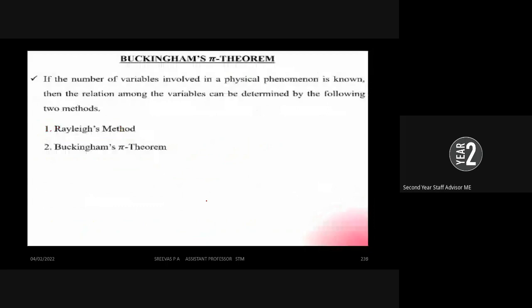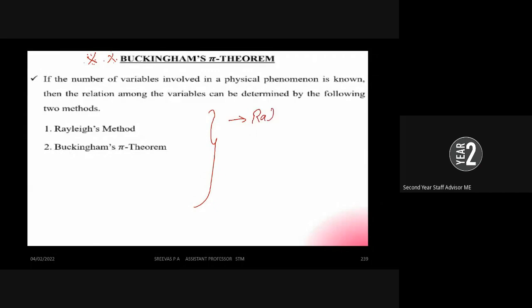Okay. Now we come to the very important theorem as far as the examination point of view is considered. Both explanation as well as problem will be asked in this section. That is Buckingham's Pi Theorem. Usually in dimensional analysis, we have two methods to form the equation.